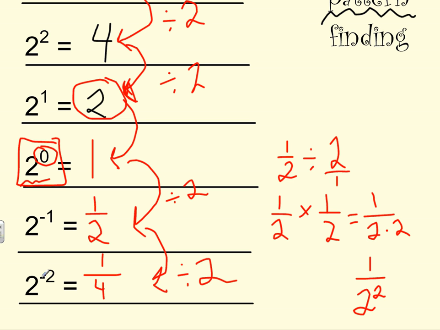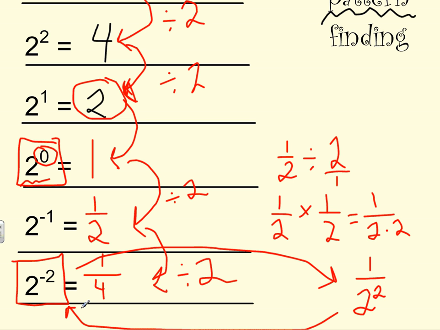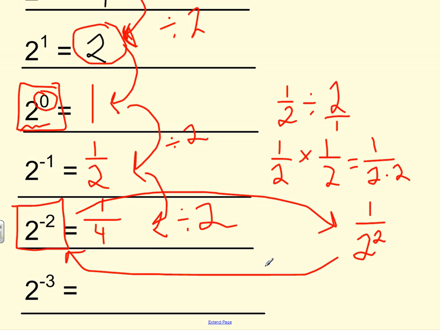All right, if we look here, we started out with 2 to the negative second power, and we ended up with an answer of 1 over 2 to the second power. There seems to be some kind of connection between the denominator here and our base and exponent here. Let's see if that continues.